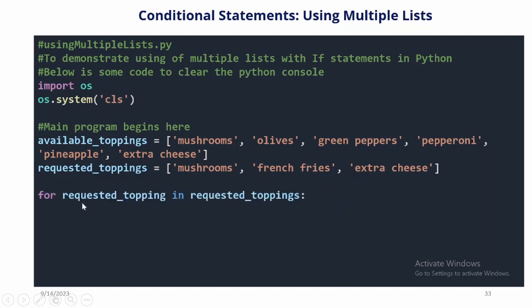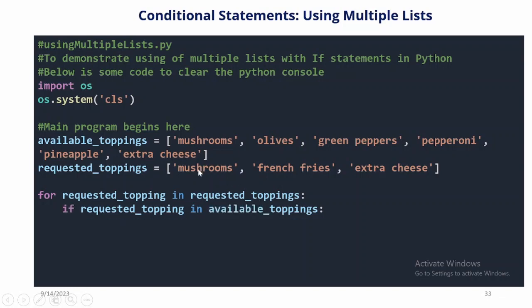So we create a for loop and say for requested topping in requested toppings. Take note of this. This requested topping here is just a variable. This is the real list, requested toppings, which is this list above here.